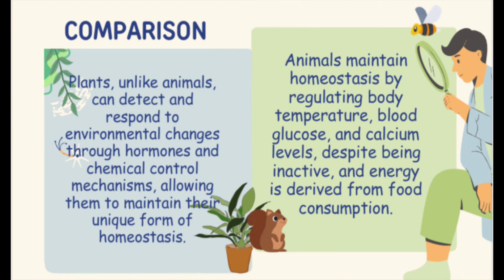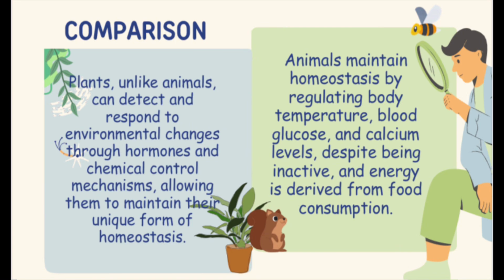First, we have the plants in homeostasis, and the second is the animals in homeostasis. Why does plants' homeostasis differ from animals'? Plants, unlike animals, can detect and respond to environmental changes through hormones and chemical control mechanisms, allowing them to maintain their unique form of homeostasis.